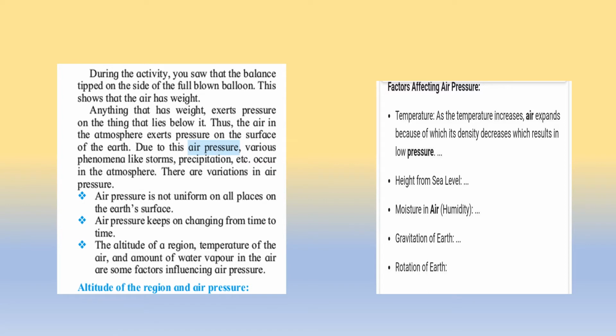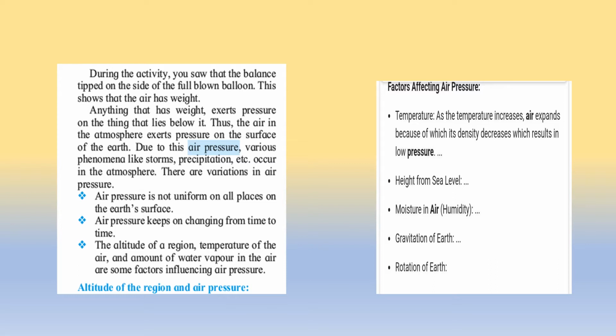We have already discussed the factors which affect the air pressure. We know that height from sea level, the temperature, moisture in the air, gravitation of the earth and the rotation of the earth are the key factors. Therefore we say that the air pressure is not uniform everywhere. It changes. There are many parameters which affect it.